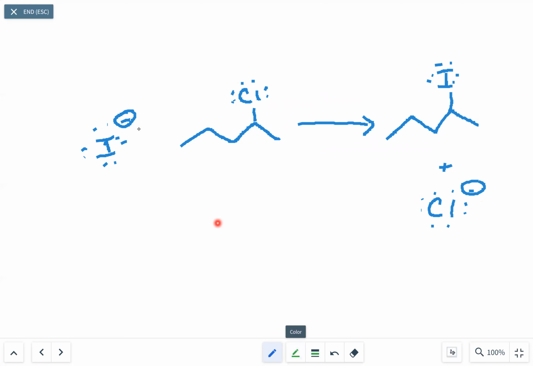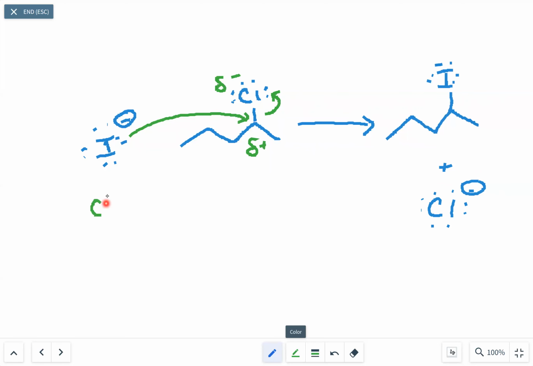The arrows we used that worked were this one and this one. So remember, this was delta plus, this was delta minus, negative goes to plus, and then this arrow here is making our extra lone pair for the chloride.